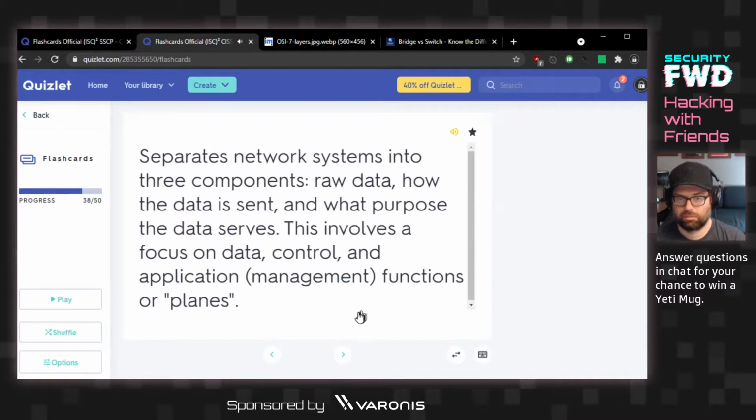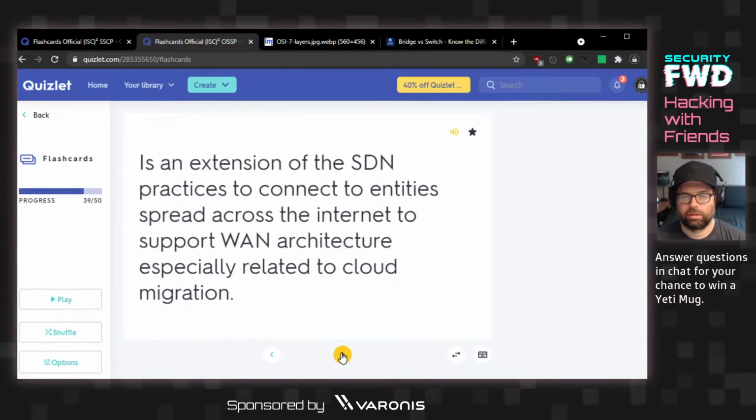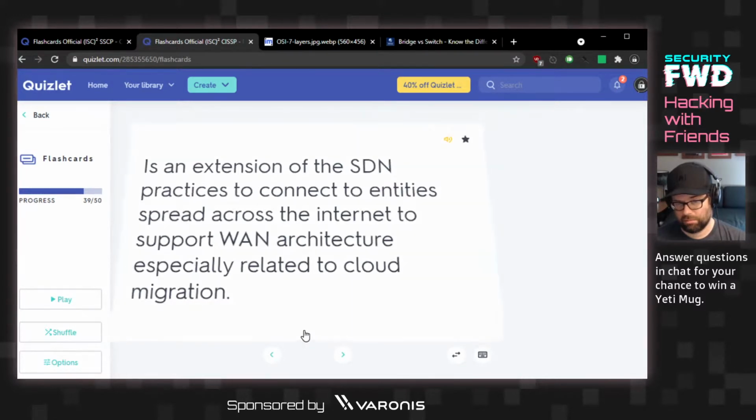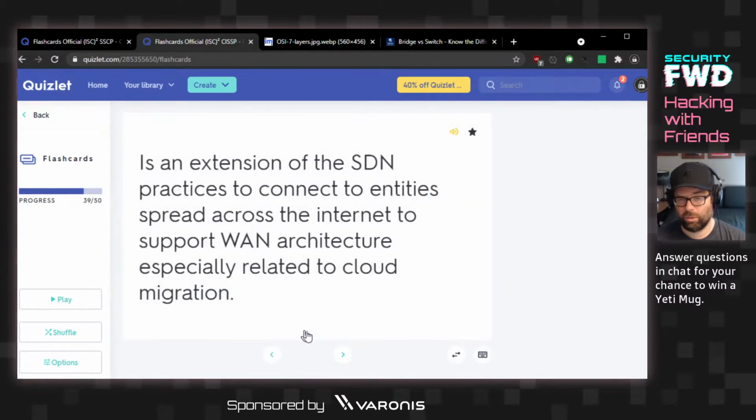I started talking when I clicked on software-defined networks. Okay. Is an extension of the SDN practice to connect entities spread across the internet to support WAN architecture, especially related to cloud migration. Software-defined wide area. Okay.